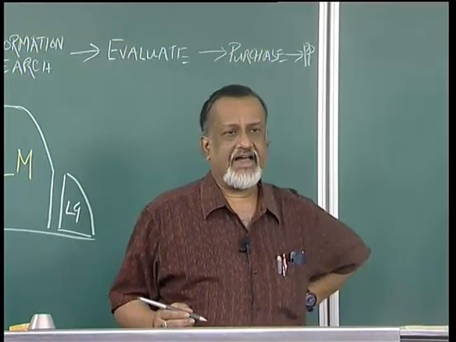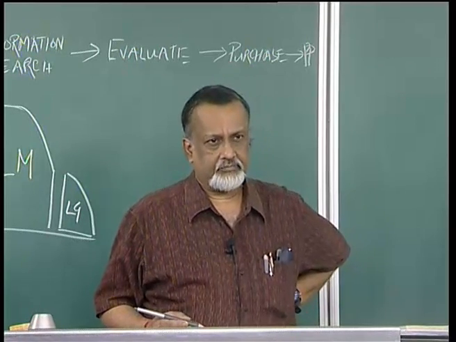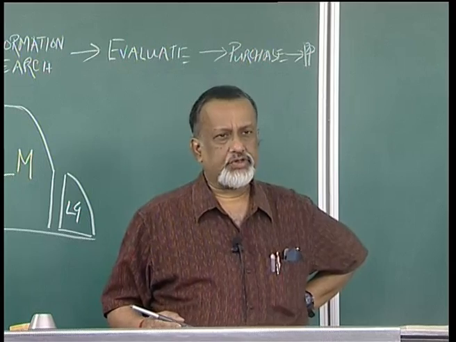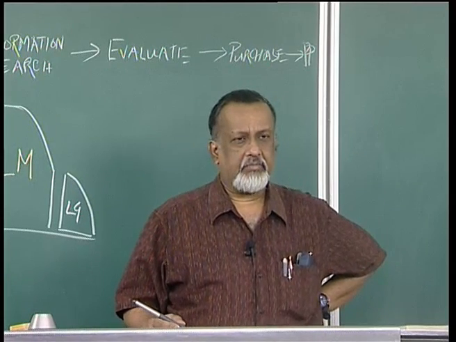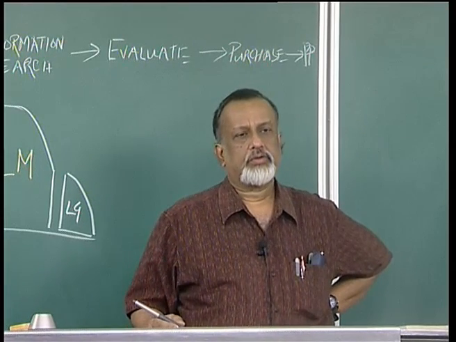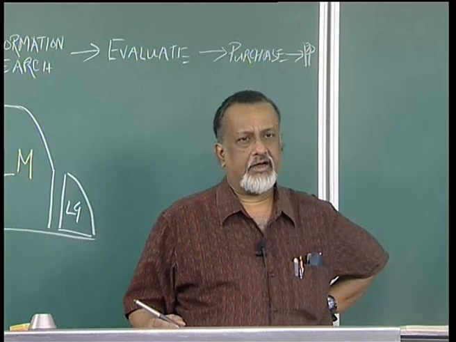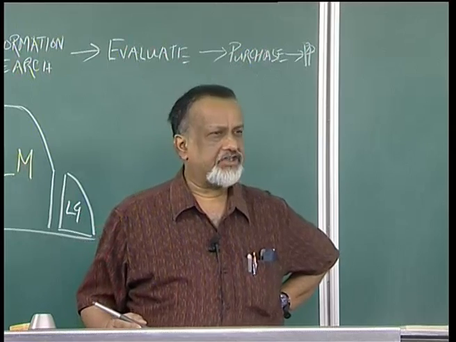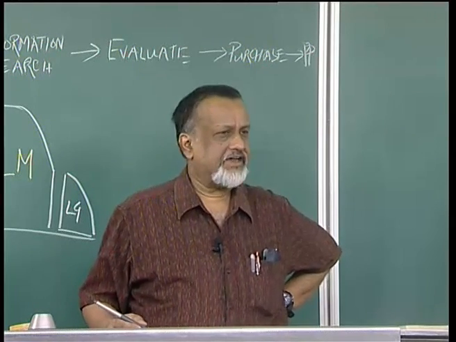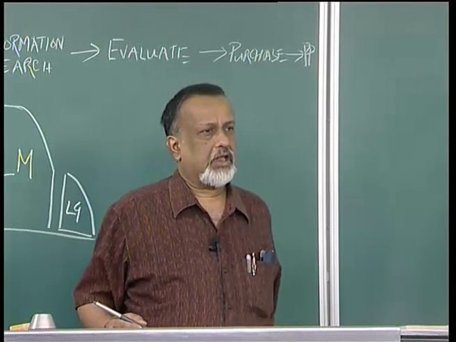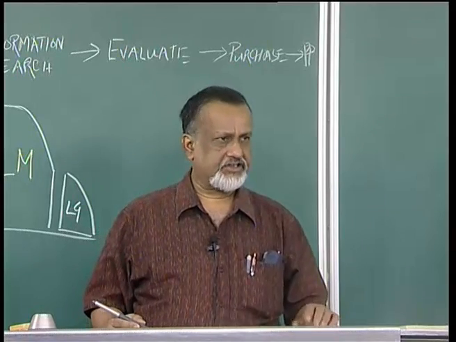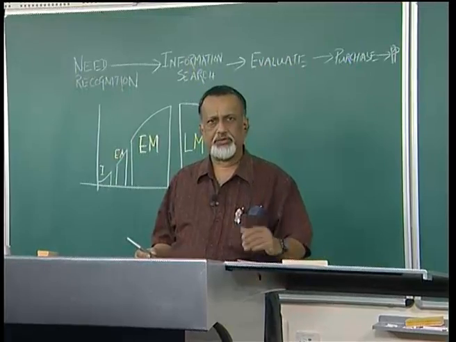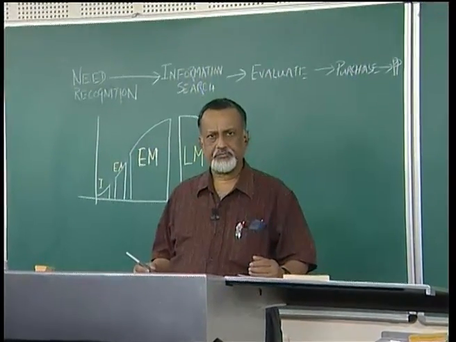Now, this diagram which we looked at a little while back shows the gradual growth of CFL, the energy efficient lighting option, with obvious advantages that have already been tabulated and are available to you from the previous slides.